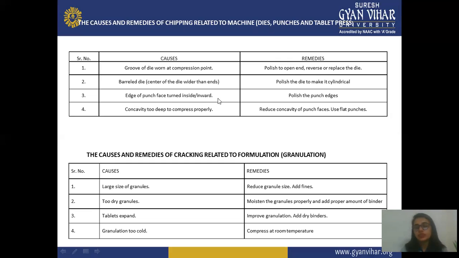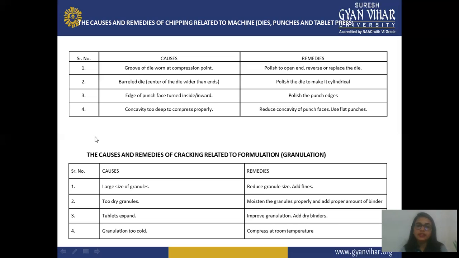In this condition, you also polish the punch, and you can properly improve the edges of the punch. Next, fourth is deep concavity of the compression tooling. If you are using certain concave punches for a tablet, there may be chances that this shows certain problems, or the proper tablet is not formed with the flat punch.